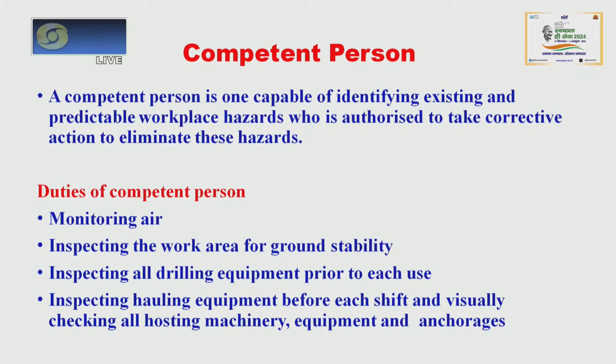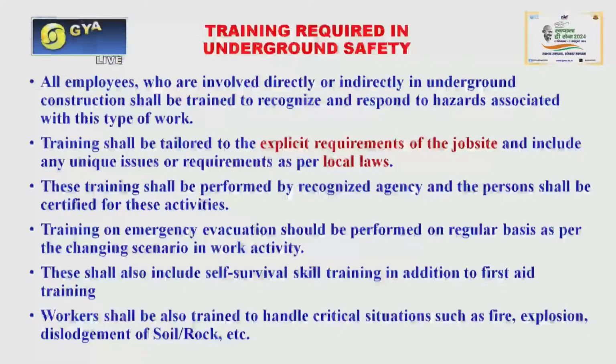It means inspection of all types of materials and machines which are to be used in the underground construction works. That is a must before starting our work. So these are the things which are necessary before starting any work.